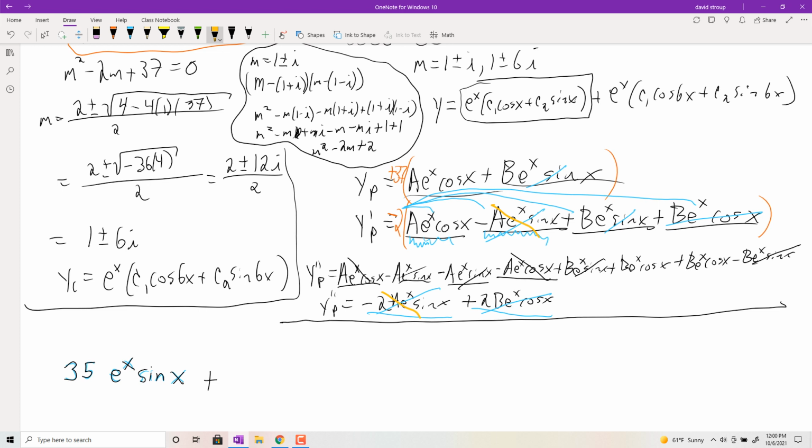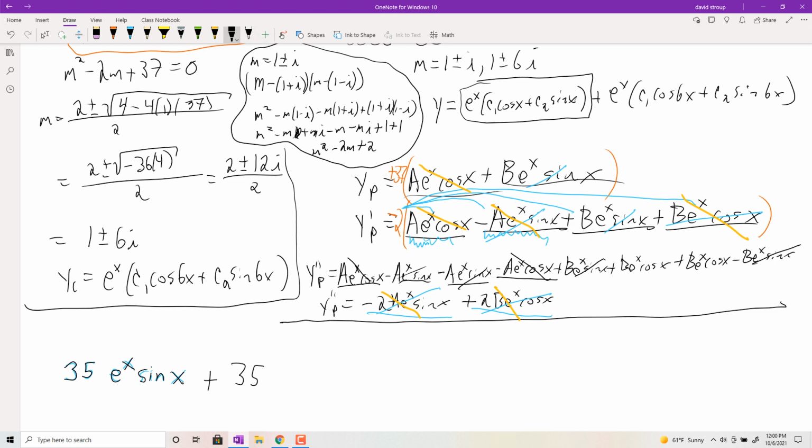The 2b e to the x is going to cancel with negative 2b e to the x. And then I have these 4 that cancel into each other. So 37a e to the x minus 2a e to the x. Those are both cosine x versions, so I get 35 of those.